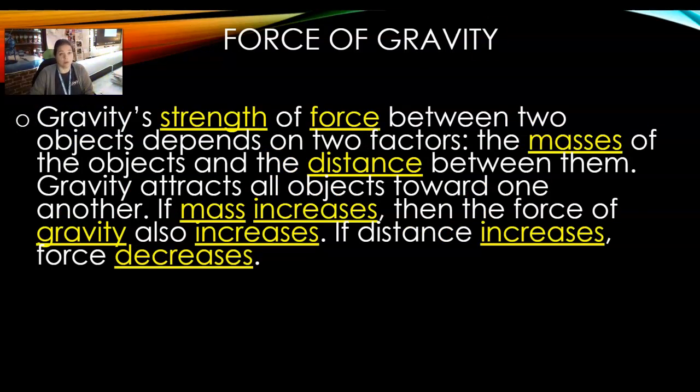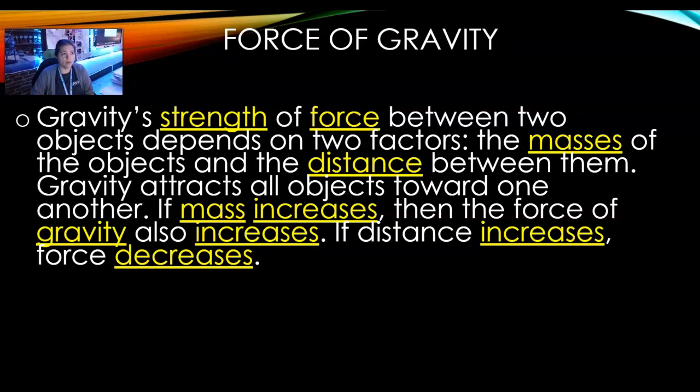And gravity is a force. So gravity's strength of force between two objects depends on a couple of factors. First is the mass of the objects, and then you have the distance. Gravity attracts objects towards one another.